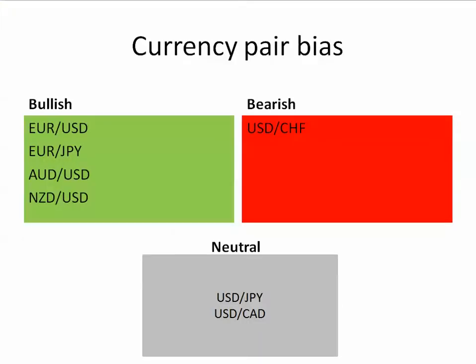And now let's move to our currency bias overview. We are bullish on the euro dollar, the euro yen, the Aussie dollar, New Zealand dollar, and dollar Swissy, and we're neutral so far on US dollar yen and US dollar Canadian dollar.